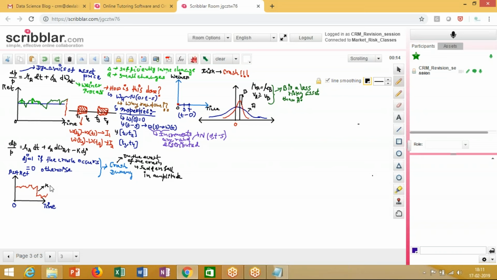So this k is the fall or the loss of amplitude. This is called the shock parameter.